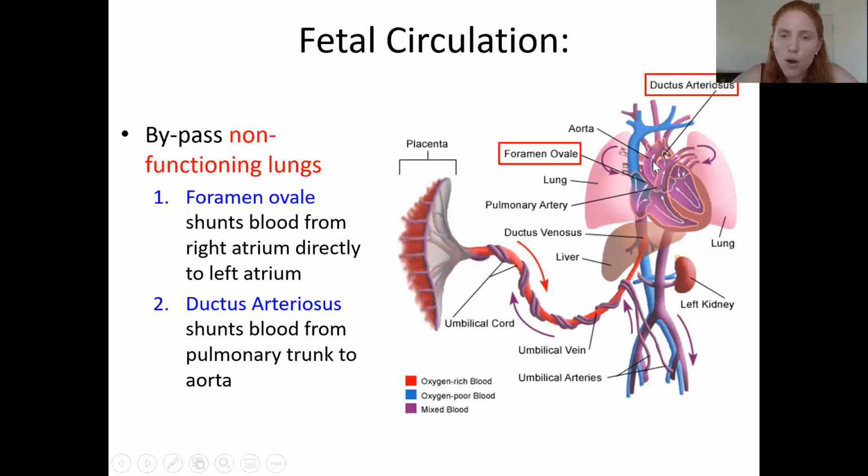And then the second one is a little chute, okay? It's called the ductus arteriosus. This is a little connecting chute between the pulmonary trunk and the aorta. So if blood does go down into the right ventricle, instead of going to the pulmonary trunk all the way to the lungs, some of it will bypass and take that little shortcut, the ductus arteriosus, which will take it to the aorta, and then it just goes back out to the body.